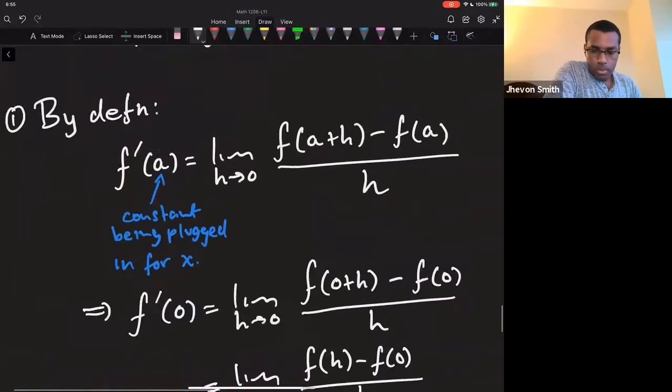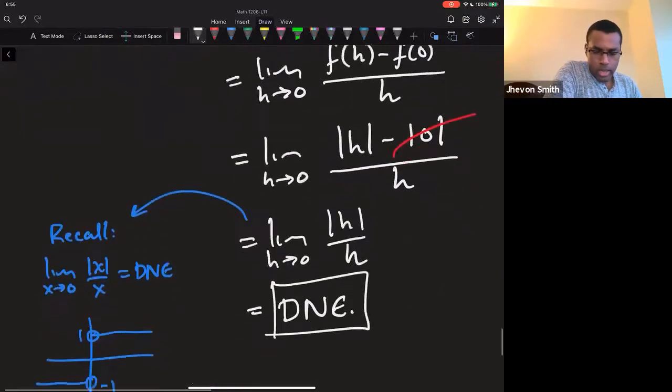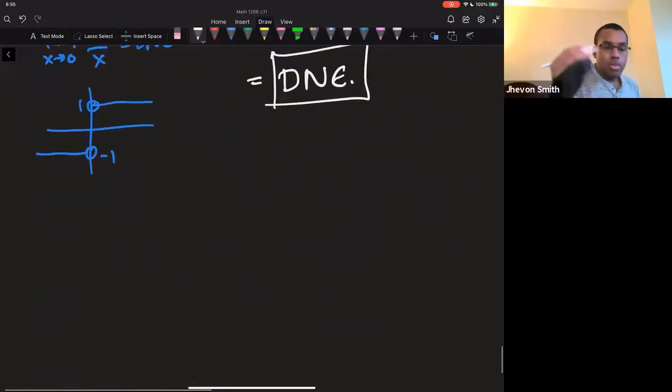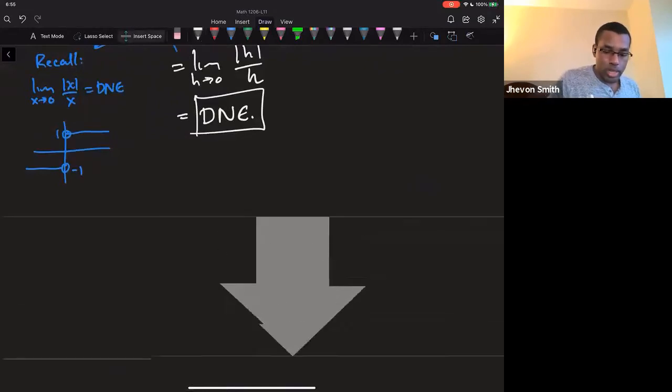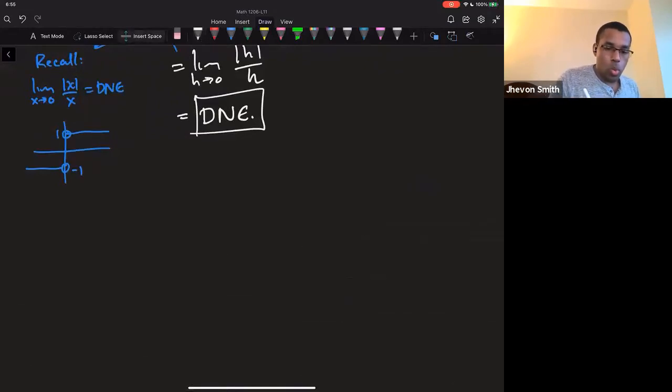So yeah, that was instructive. It's actually one of the quintessential examples to talk about where derivatives don't exist. So derivatives are very powerful. I told you they solve the rate problem and we can do a lot of things with them, but they're not all powerful and we can't always take a derivative.